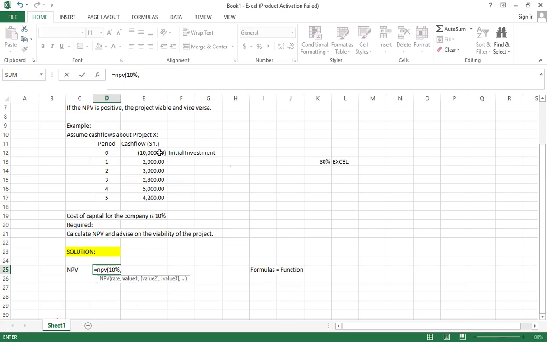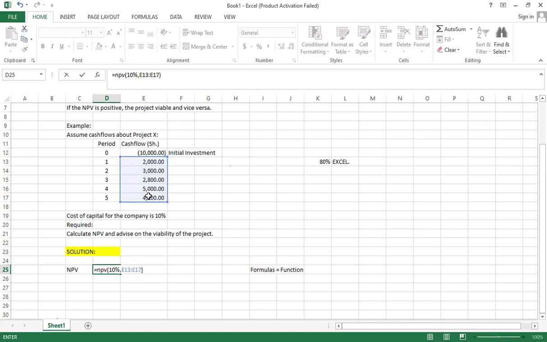So value 1 means cash flow for period 1. So you start with this first positive cash flow, and highlight all of these to the last one. And then you'll close the bracket.